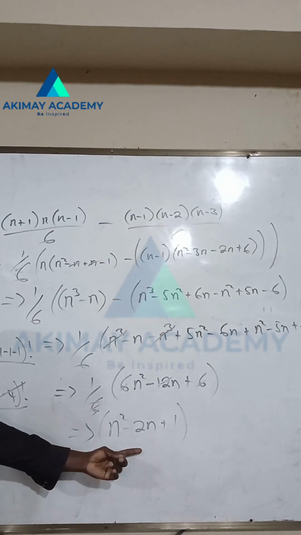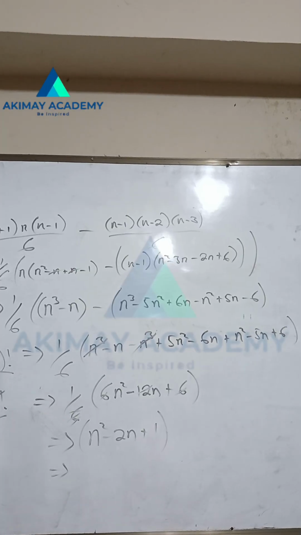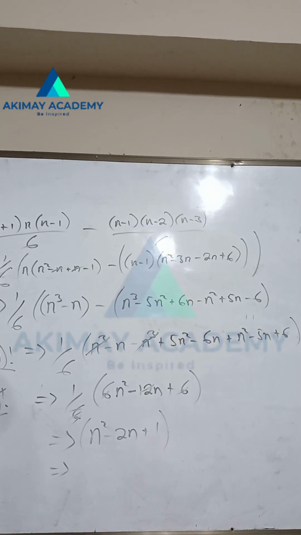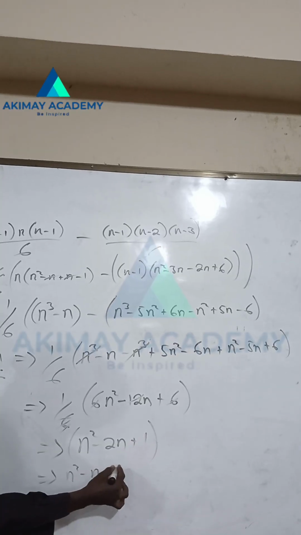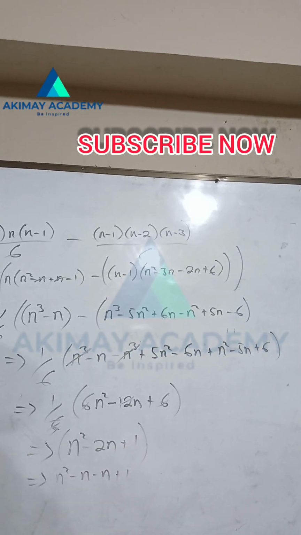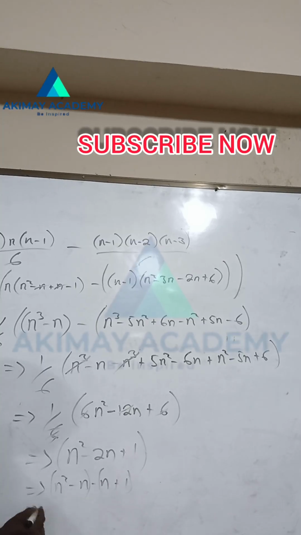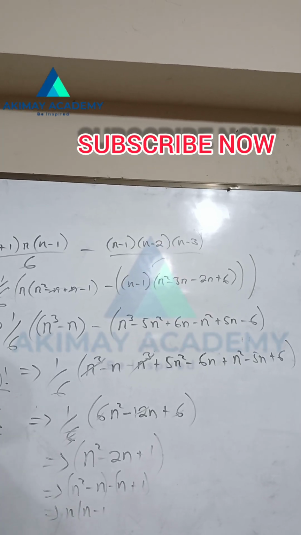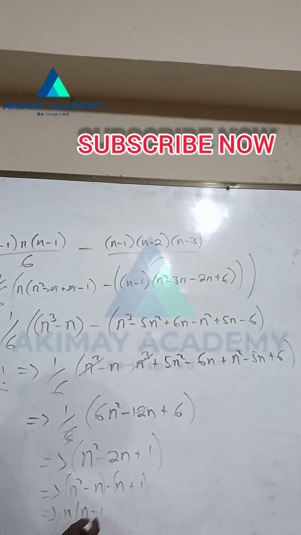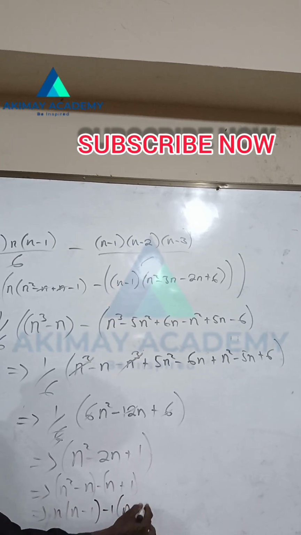So at this point, we can factorize this one out by using what? Minus 1, right? So you are going to have n squared minus n plus 1, right? So you can group them nicely. And this will give us what? n out, (n minus 1), okay? Then over here, minus 1 out, and (n minus 1).